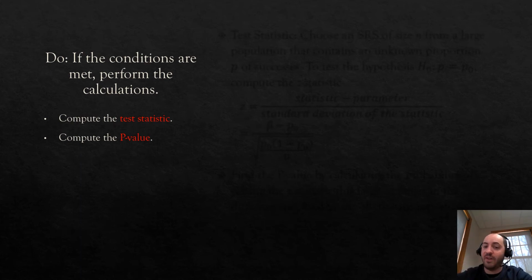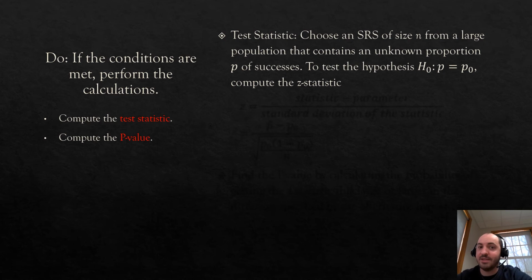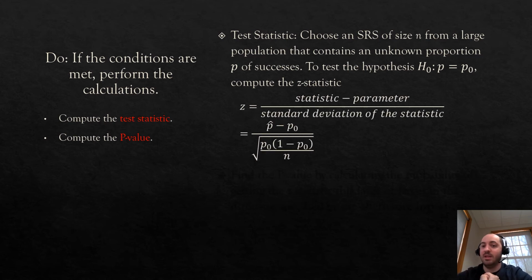So here we find our test statistic and the p-value. When we're taking a simple random sample of size n to try to find an unknown population proportion, and we've assumed the null hypothesis is true, the z statistic is going to be the sample statistic minus your parameter divided by the standard deviation of your statistic. So you can see that formula is what I put right here.